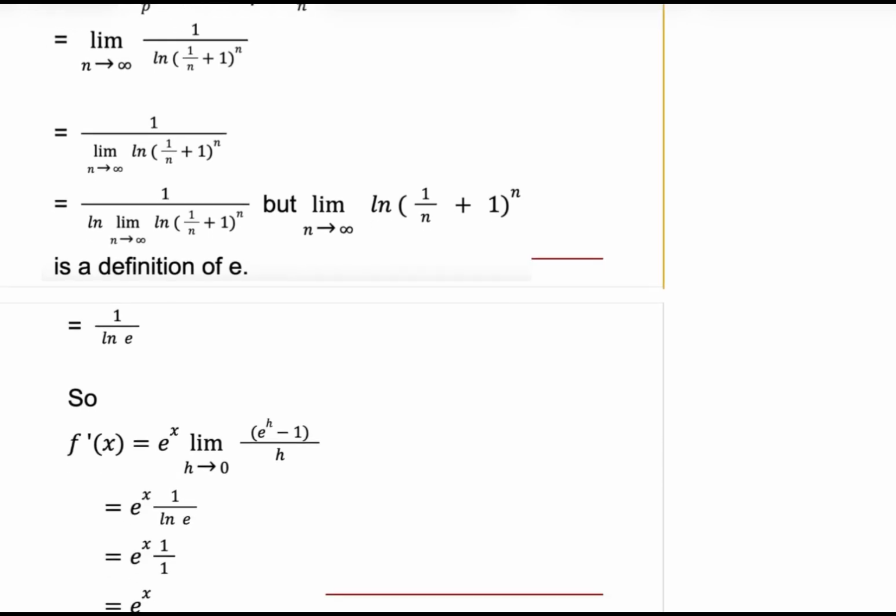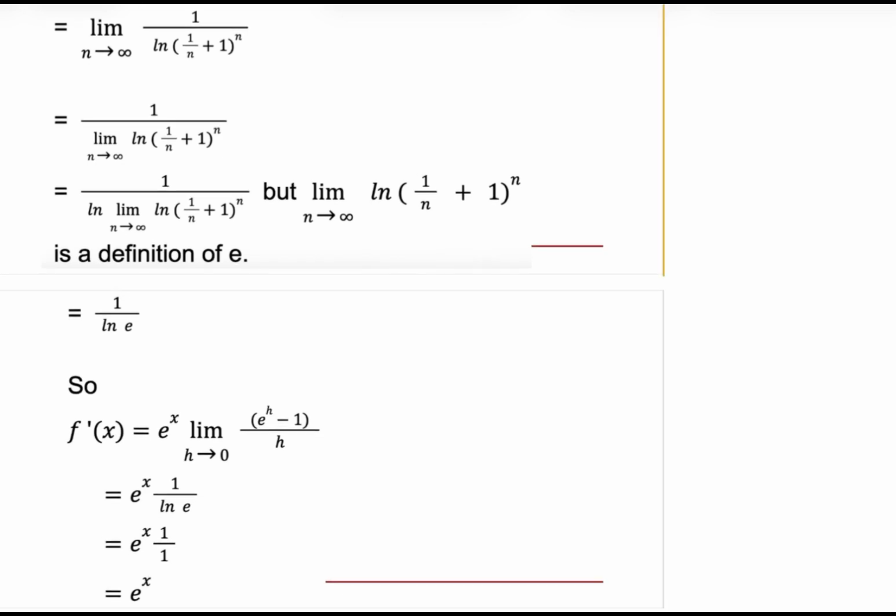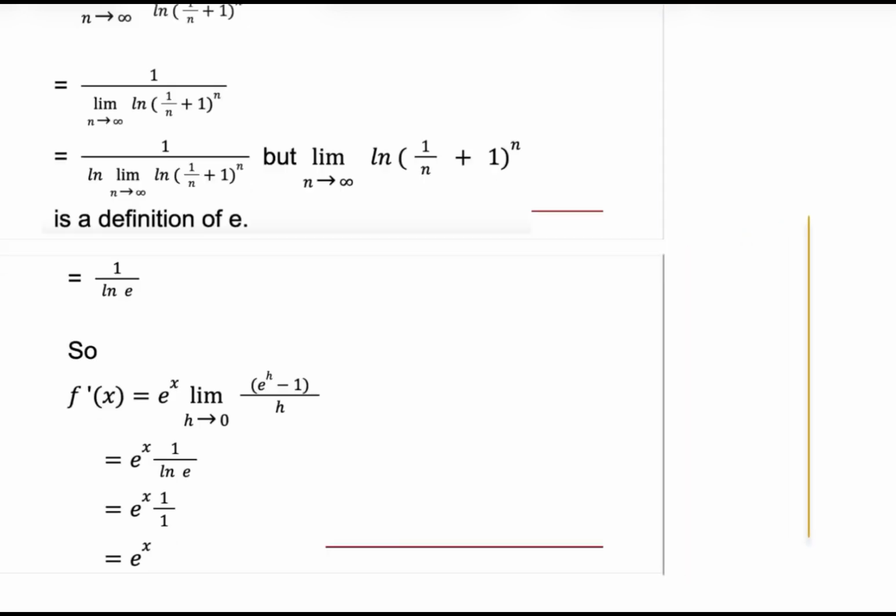So this is equal to 1 over ln of the limit as n approaches infinity of 1 over n plus 1 all raised to the n. But the limit as n approaches infinity of 1 over n plus 1 all raised to the n is a definition of e. So now this becomes equal to 1 over ln e.